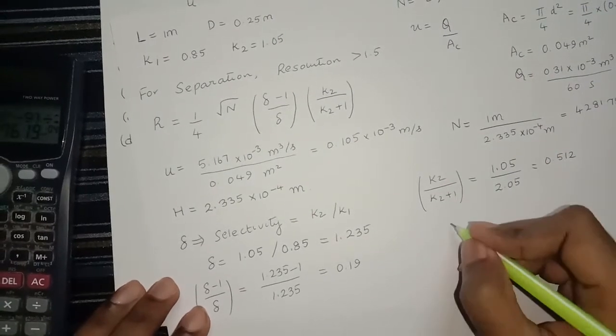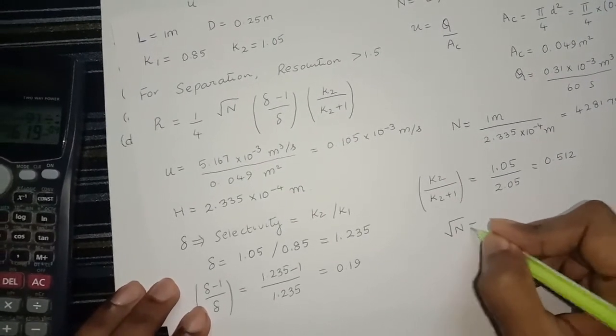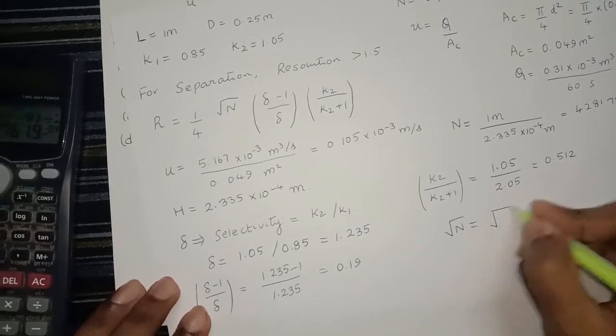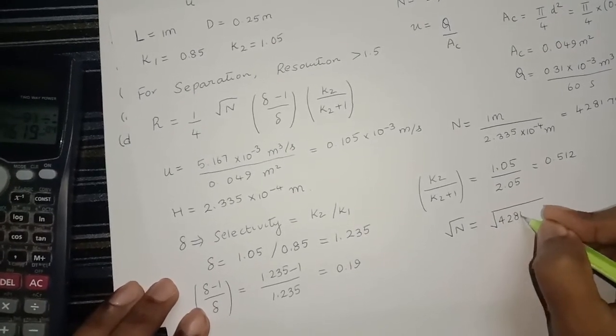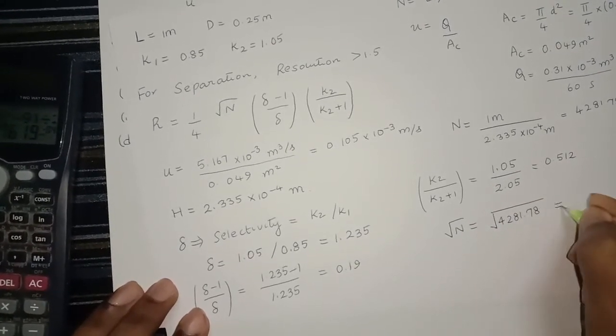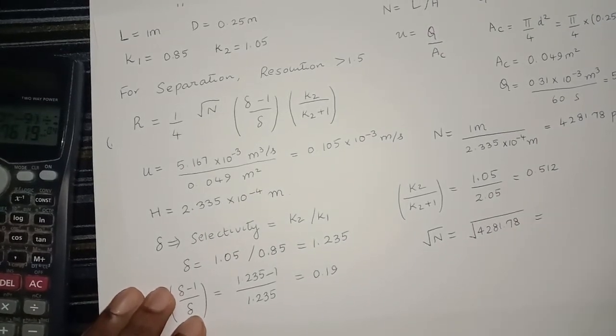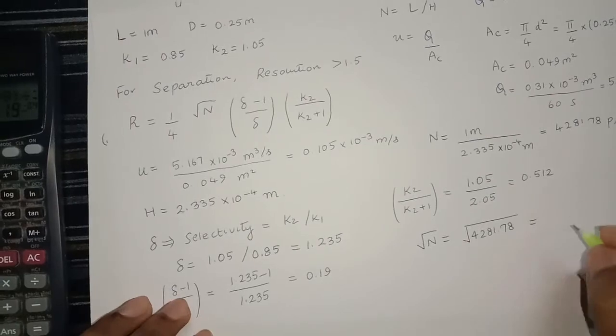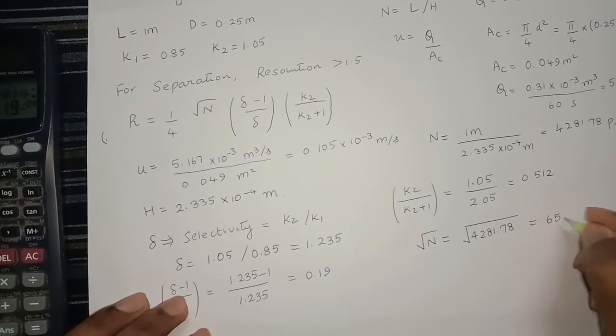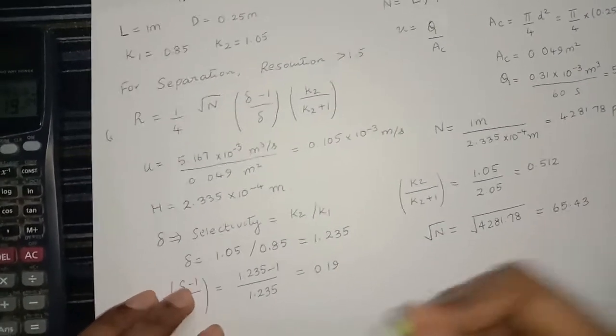Let's find the square root of the number of plates. The root of 4281.78 is equal to 65.43.